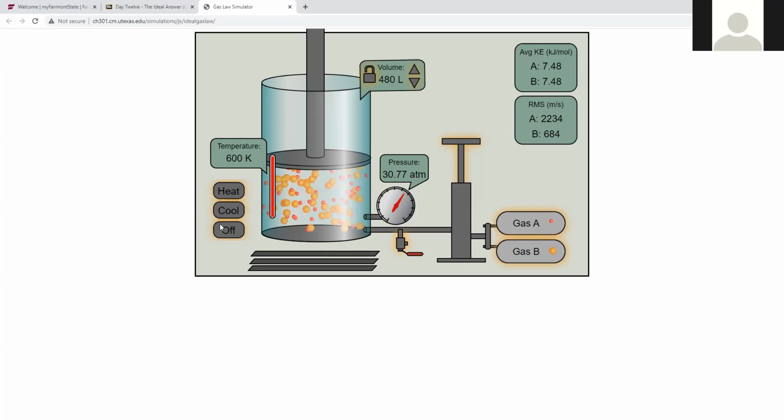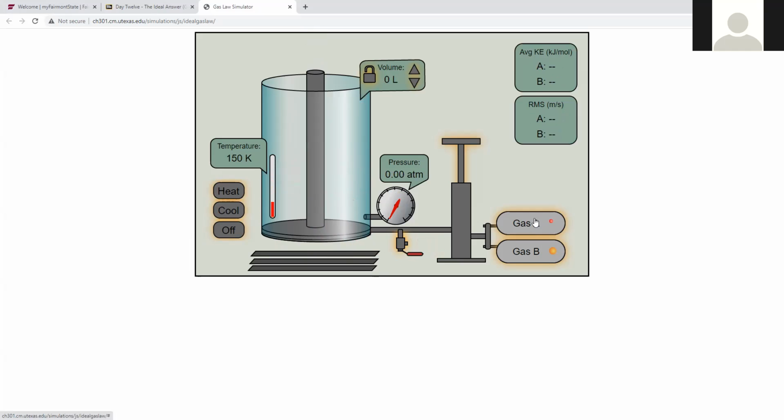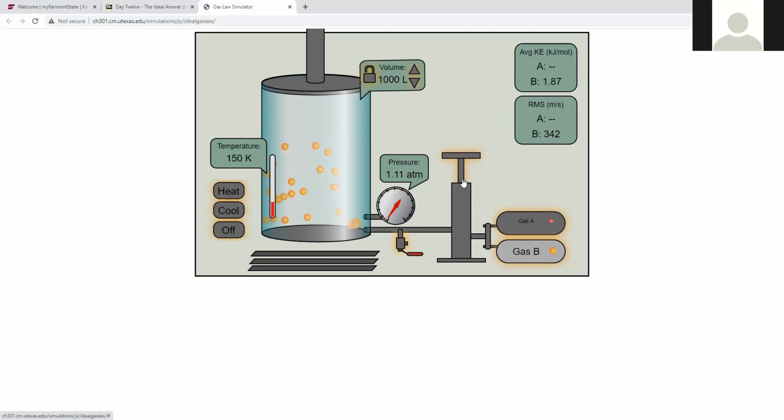Pressure and amount of gas. All right, let me cool this thing off. And let me release the gas. Let me turn that off. Okay. So when I have absolutely no particles of gas, we've got no volume in there. So as we release particles, as we increase the number of particles, what happens to our volume? Yeah, your volume increases.